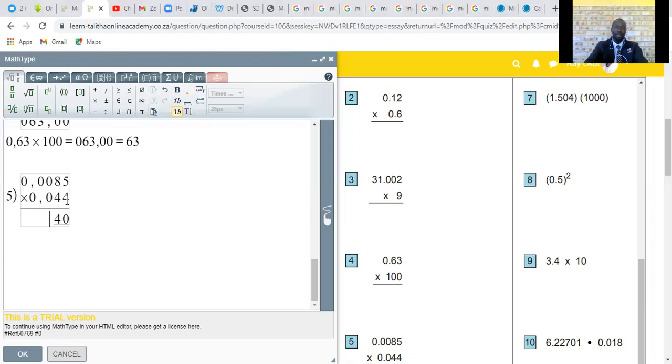Then 4 by 0 is 0 plus 3, that is 3. Then the next thing is to multiply 4 by this other 0, which will give us 0. Then again, we multiply this 4 by the other 0. What do we get? We also get a 0.